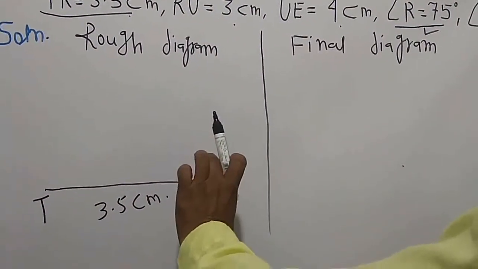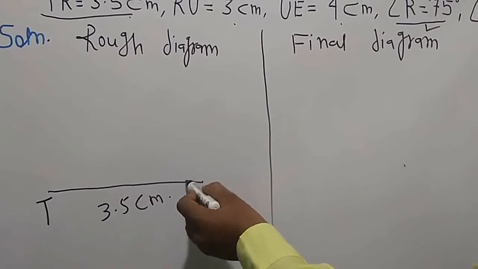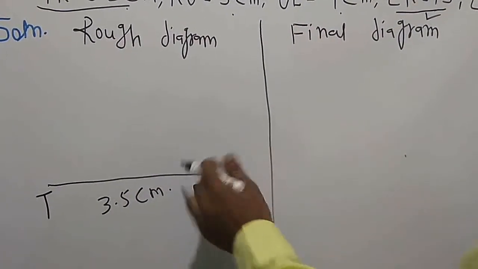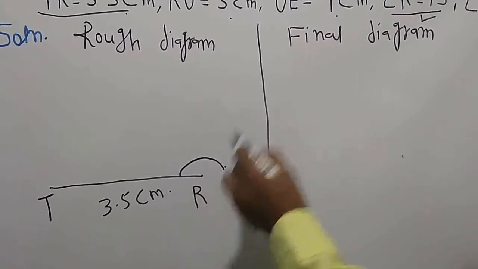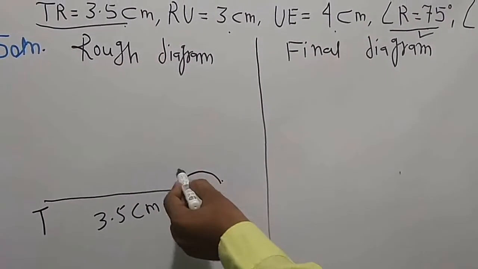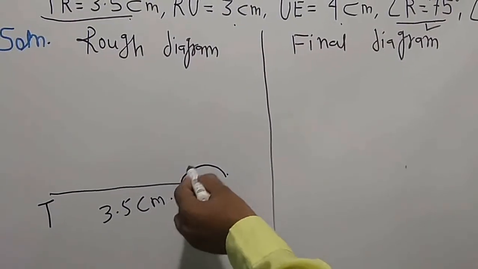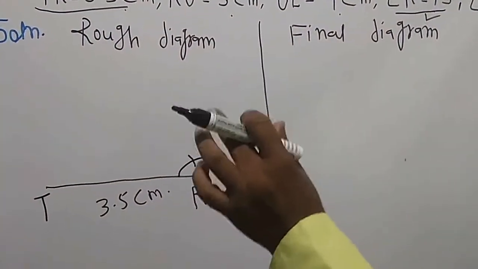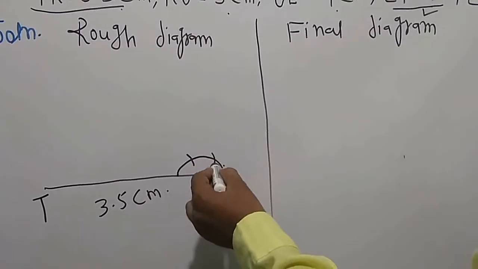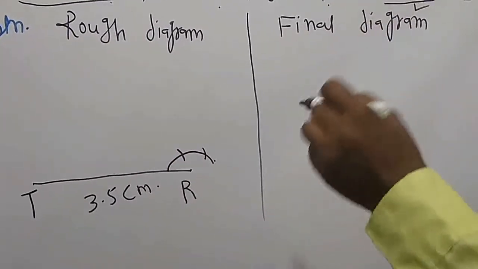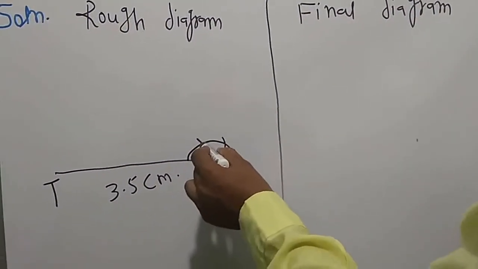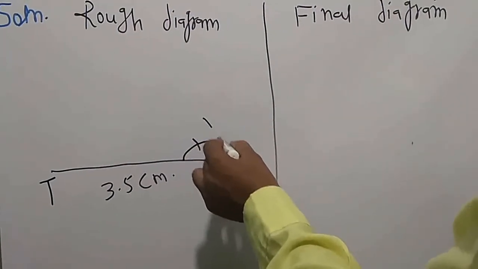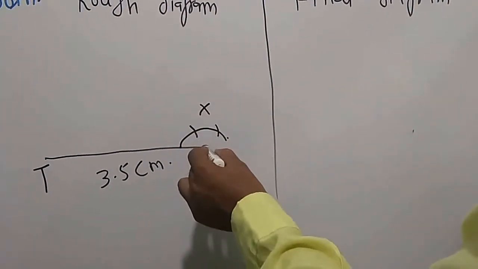For this we open our rounder a little and then we draw this arc from this point like this. Then we draw a 60 degree angle from this point without changing the distance on the rounder, and then we draw 120 from this point. Then after 1 point from this 60 and 1 from this 120, we join this.